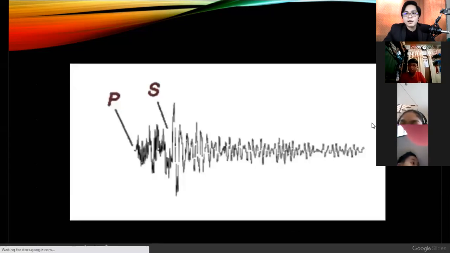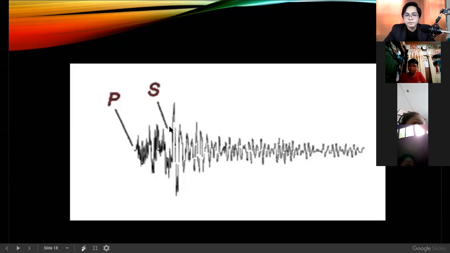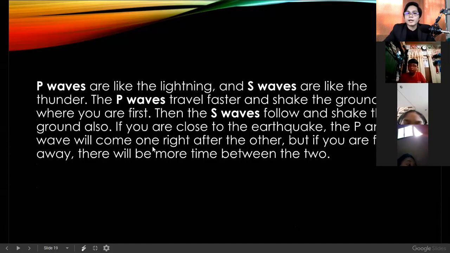So this is now the illustration of a P wave and an S wave. You can see first the primary waves and then the secondary waves. P waves are like lightning and S waves are like thunder. Again, there are some characteristics of these waves.